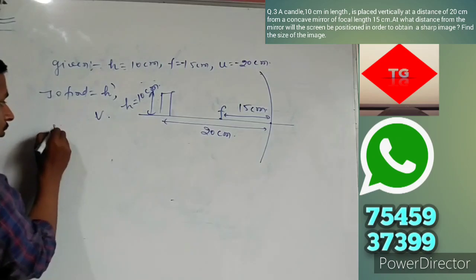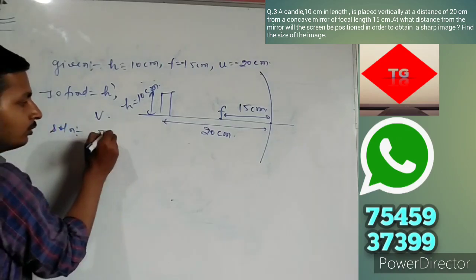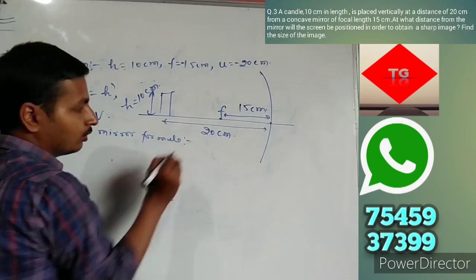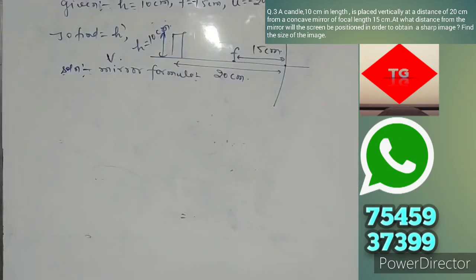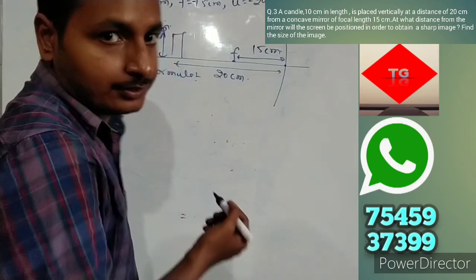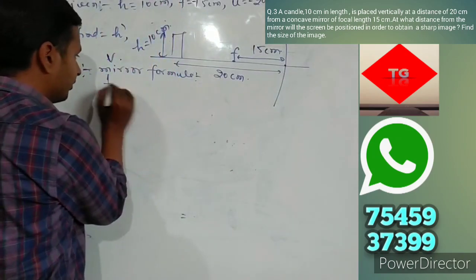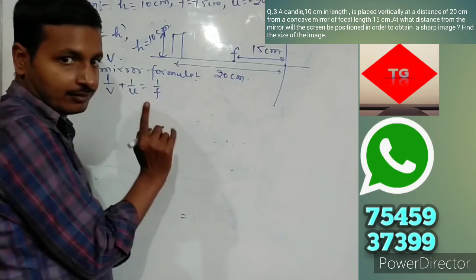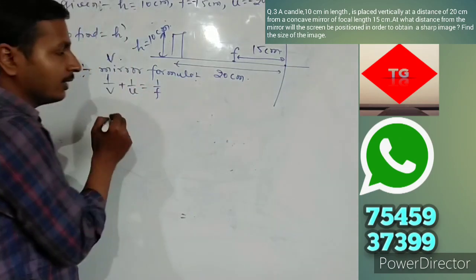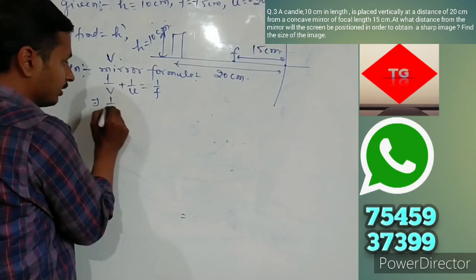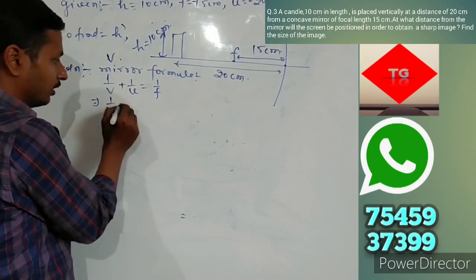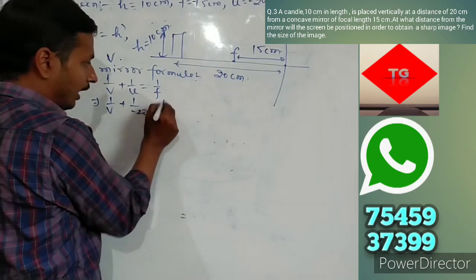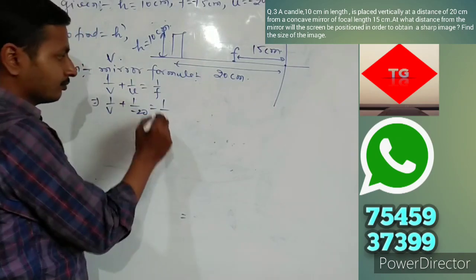Now the solution. According to the mirror formula, 1 by v plus 1 by u is equal to 1 by f. After putting the values, u is minus 20 and f is minus 15.